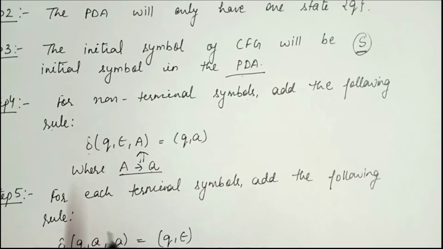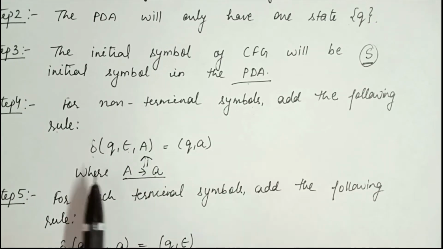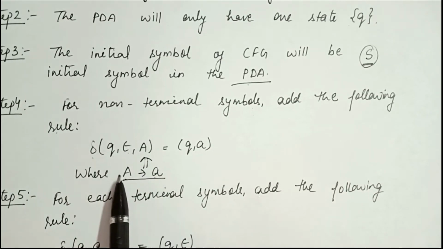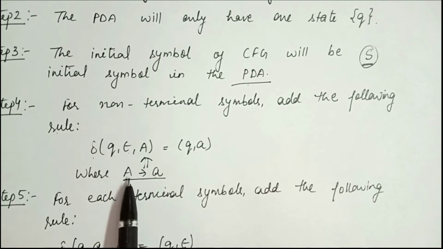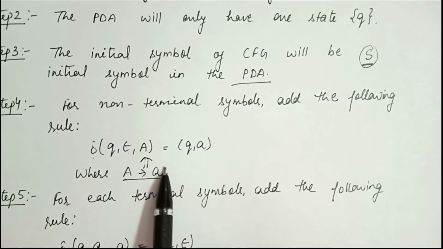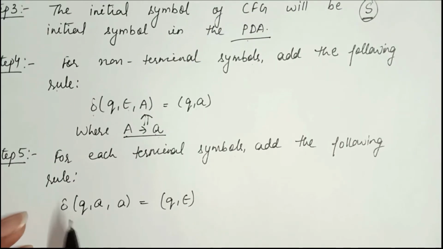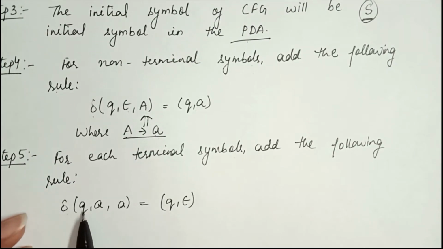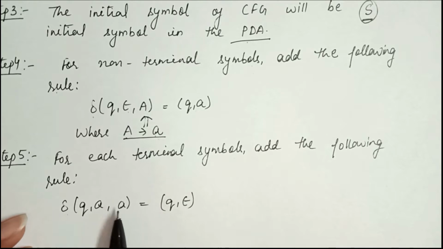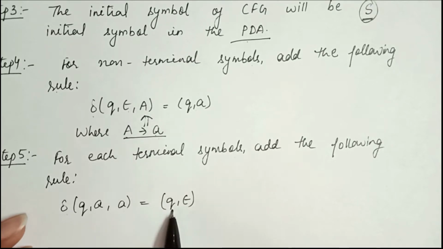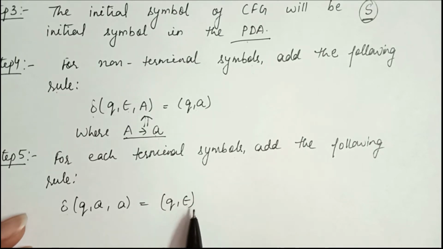And the last step is that for each terminal symbol, suppose I have a production like capital A derives small a, we have to add the following rule: the transition with the state Q, small a, and it gives Q comma epsilon.